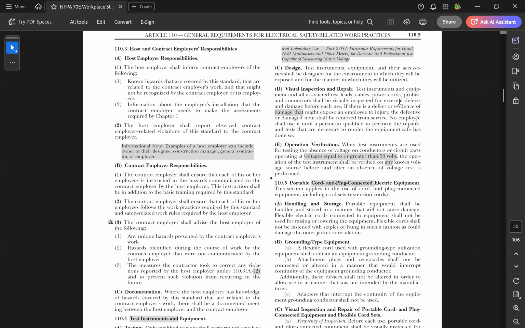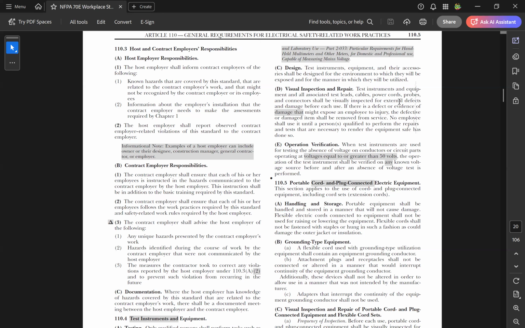So some of the responsibilities of the host employer would be to inform contract employers of the following requirements. One, known hazards that are covered by this standard that are related to contract employers' work and that might be recognized by the contract employer as its employees.